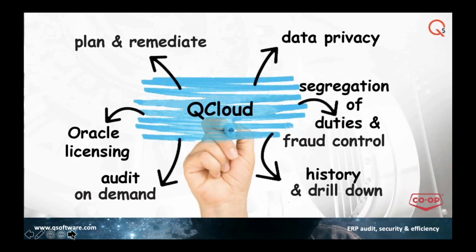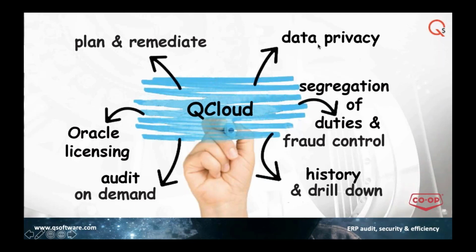This is an audit service. It's a subscription service. This doesn't replace our on-prem SOD tool, which is called Audit Manager, if you're not aware of it. It's a means really of very rapidly looking at security and other issues, particularly if you've got auditors asking you questions. It will also look at your Oracle licensing.